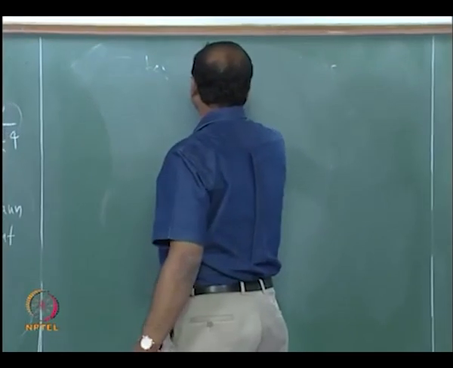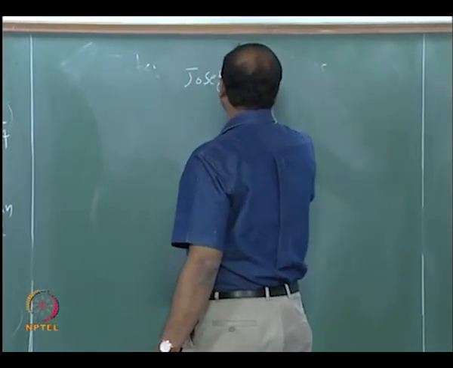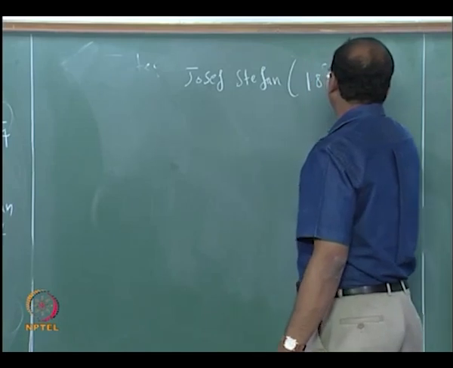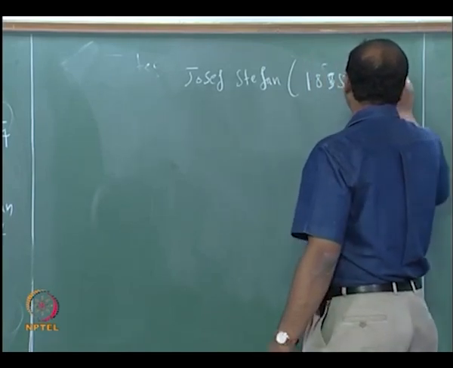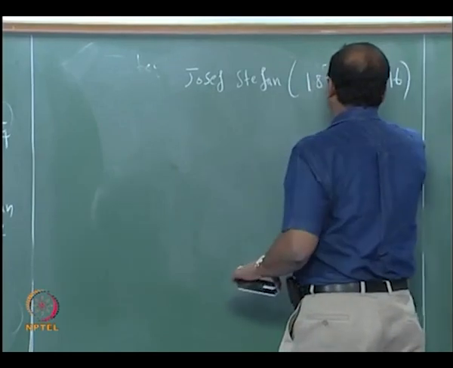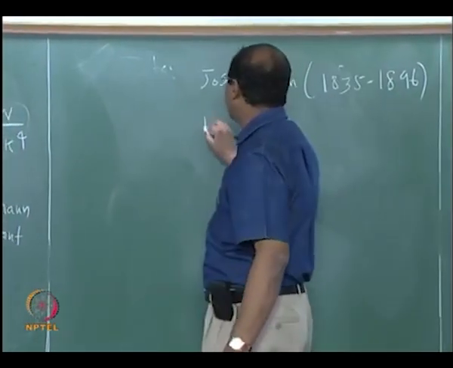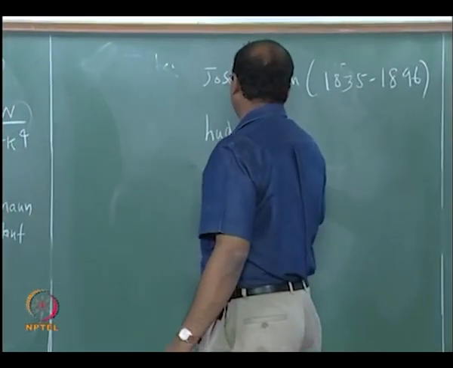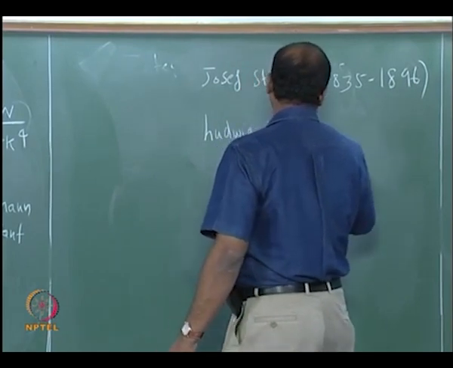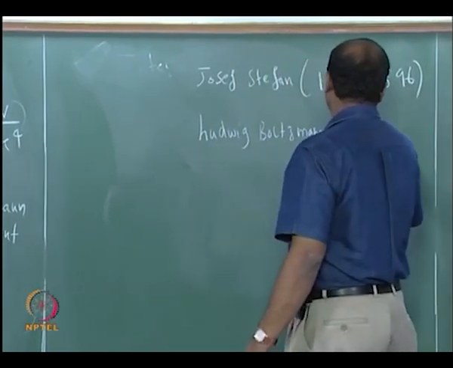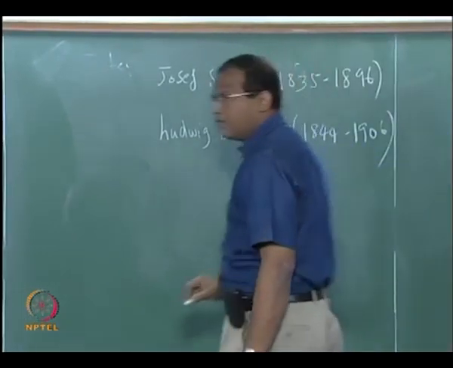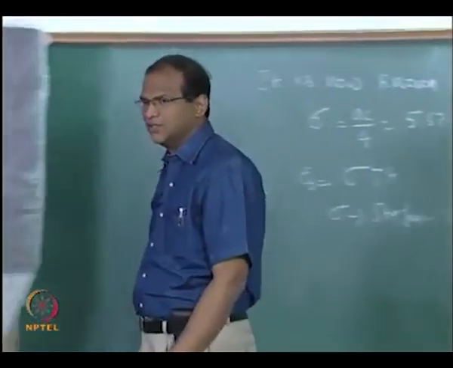Joseph Stefan (1835 to 1896), then Ludwig Boltzmann, these were the two physicists.